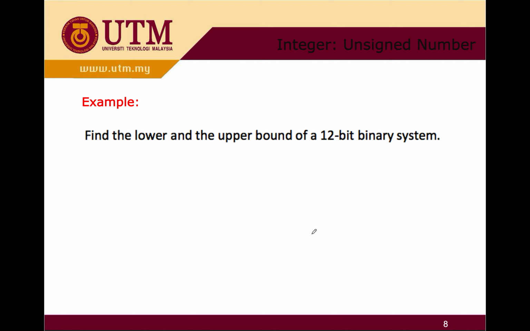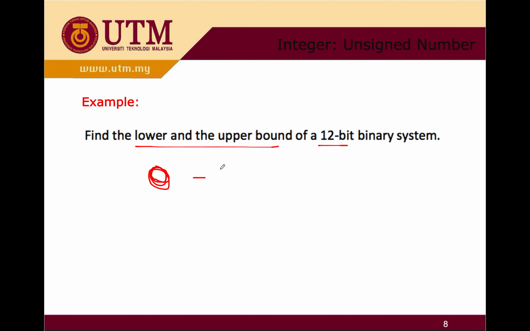Example: find the lower and the upper bound. I already told you there is a question like this about lower and upper bound. So this is the minimum and also maximum, and we can also say the range of 12 bits. It's quite easy because there is just one small thing you need to remember, which is the equation 2 to the power of n minus 1.